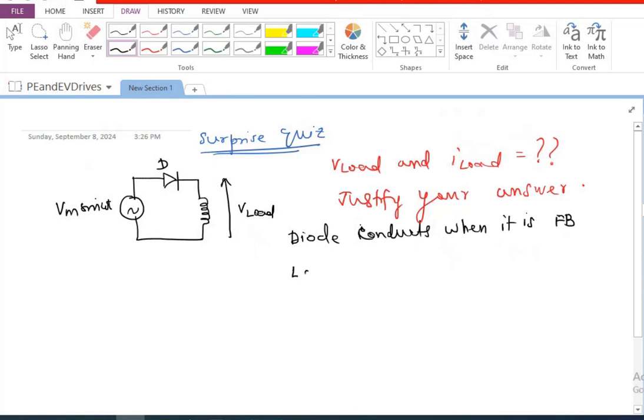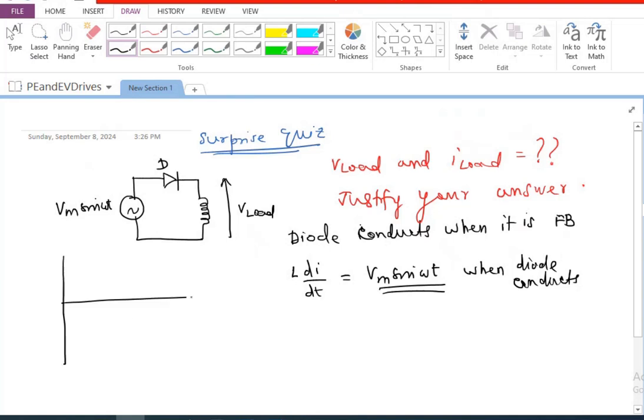So we are going to have L di by dt is equal to Vm sine omega t when diode conducts. And Vm sine omega t will be positive for the entire positive half cycle. So if I just draw the voltage waveform, this is the way the voltage waveform is going to be. So this is Vs.